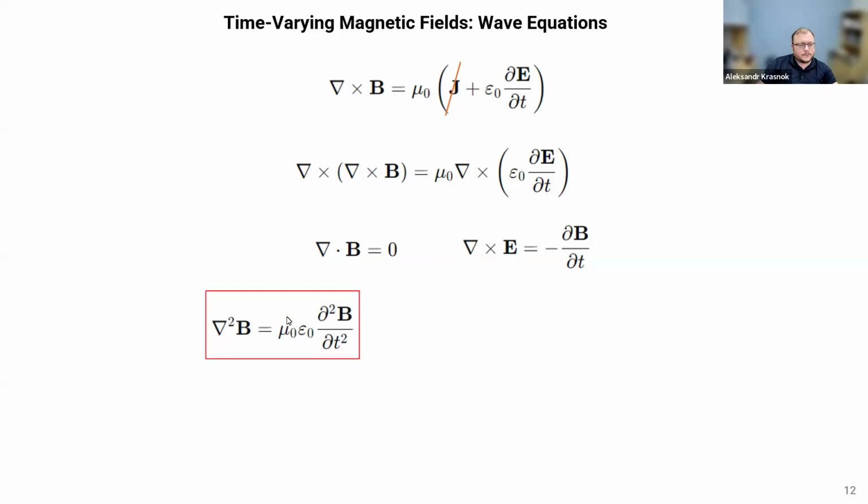This is the wave equation for the magnetic field, which connects the change of magnetic field in time to the change of magnetic field in space.